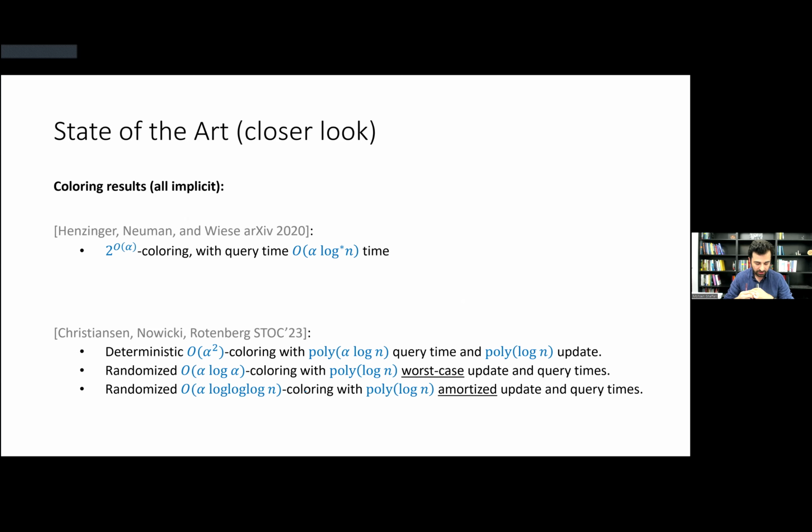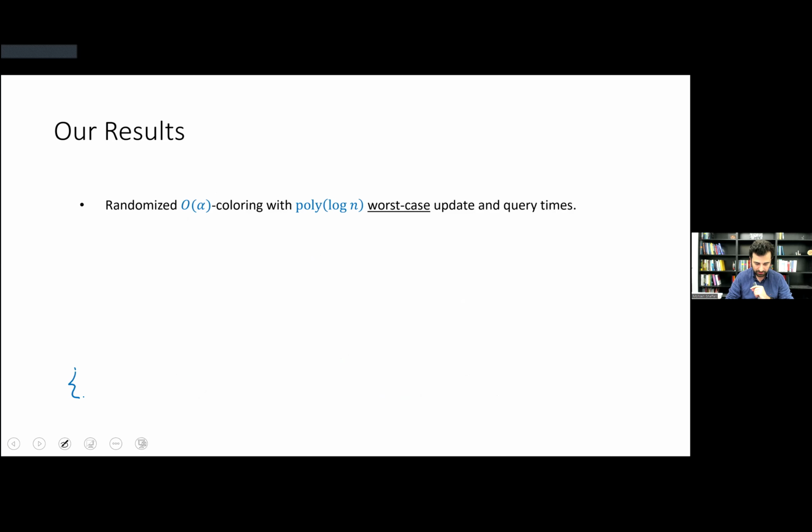And then the paper by Christensen et al., where besides the randomized algorithms that I mentioned, they also have a simple observation that a distributed algorithm essentially implies order of alpha squared deterministic coloring with polylog n update time, but the query time is poly of alpha times log n, right? But the more technical core of the paper is these two other results, the ones that I already mentioned, right?